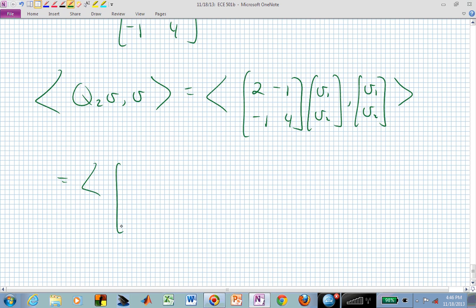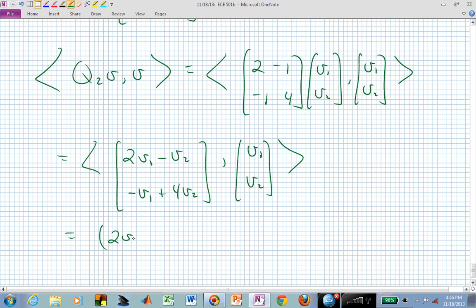In our first vector, we have 2v1 minus v2 in that first coordinate. And in the second coordinate, we have minus v1 plus 4v2. And we want to form the inner product of that vector with v1, v2.